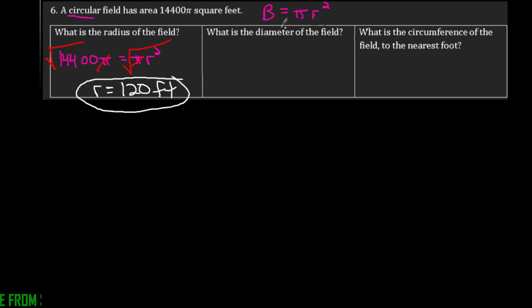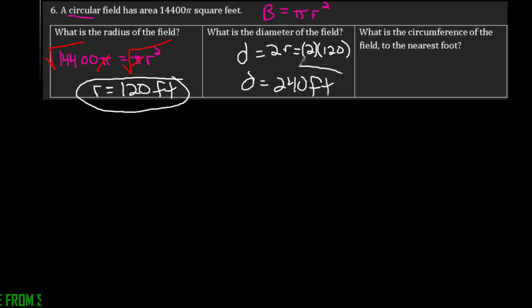All right. Then what's the diameter of the field? Well, we can say diameter is equal to 2 times the radius. So we're going to say 2 times 120, which is, we can say d is going to be equal to 240 feet.